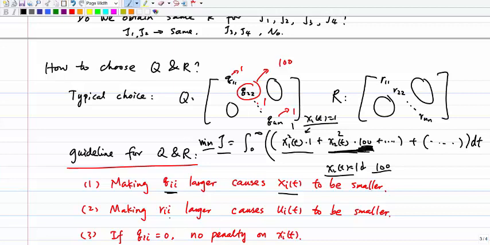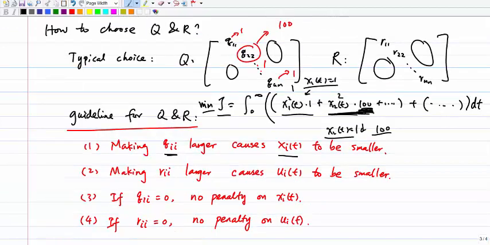If you make your R_ii larger, you cause u_i(t) to be smaller. That's the goal. If I draw a picture of that, over time t I draw two cases. This one is for Q_ii equal to 100. If you start from here, you see the state drops really fast.